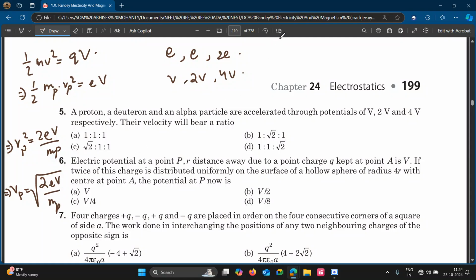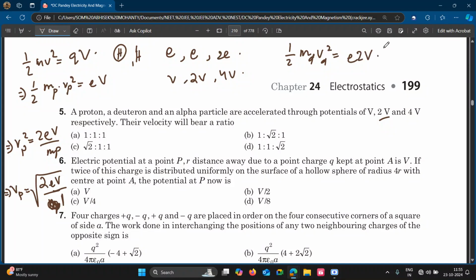Now for deuterium. The mass of the proton: we will consider the proton as hydrogen, H 1 1, so the proton mass can be taken as 1. We don't need to use the exact value when it's asked this way. For deuterium, half md Vd squared is equal to qV, where q is e and V is simply 2V here.